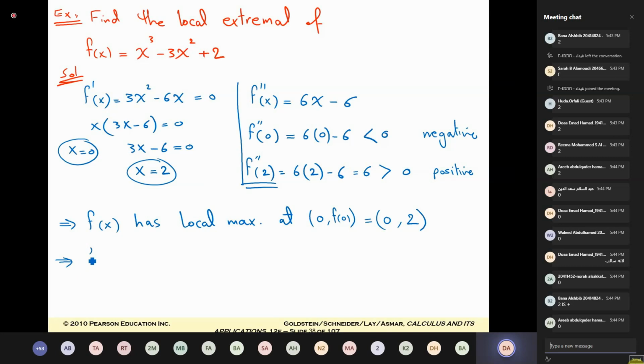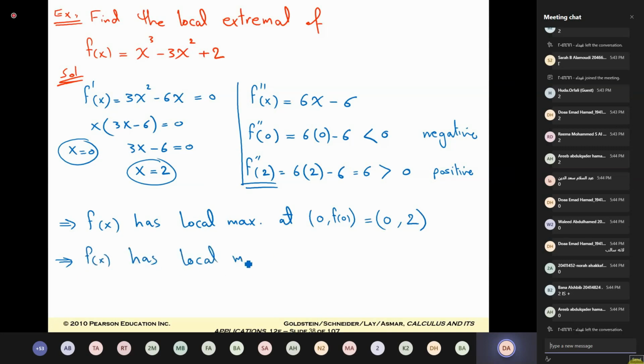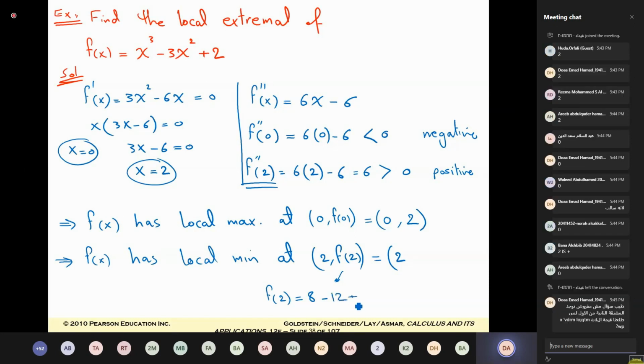And f of x has local minimum at 2, and f2 equal to... Find the f2. f2 equal 8 minus 12 plus 2. This equal negative 2. So negative 2. Okay.